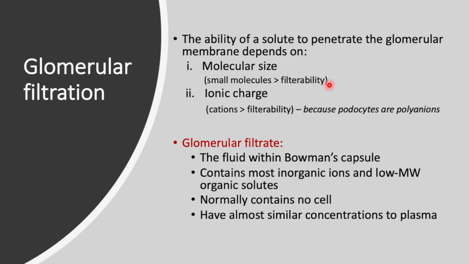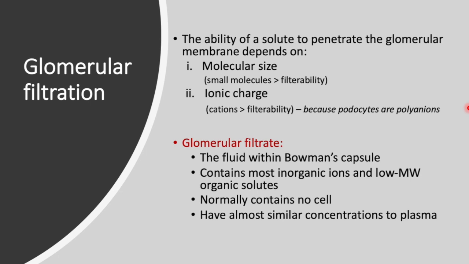The molecular size cutoff of the filtration barrier is about 70,000 daltons, meaning if the molecule has a molecular weight lower than 70,000, it may be able to be filtered across the filtration barrier. Albumin, for example, has a molecular weight of 69,000. So, by right, albumin is able to be filtered and may appear in the urine.